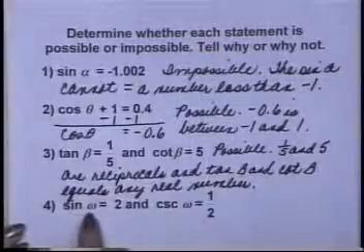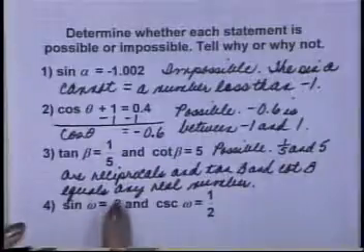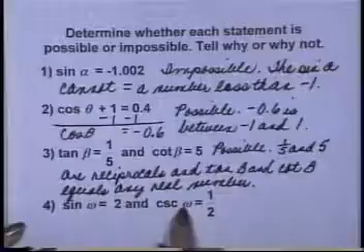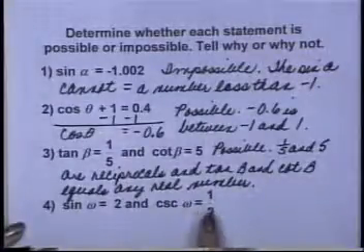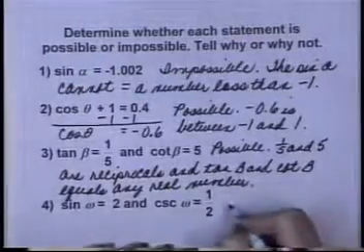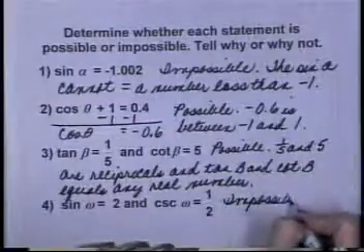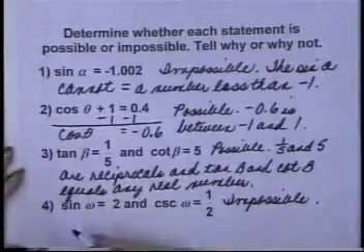But what do we know about the sine of omega? It cannot be a number larger than 1. And what do we know about the cosecant of omega, or of any angle for that matter? It cannot be a number between negative 1 and 1. So this is impossible for two reasons, but I'm just going to state one.